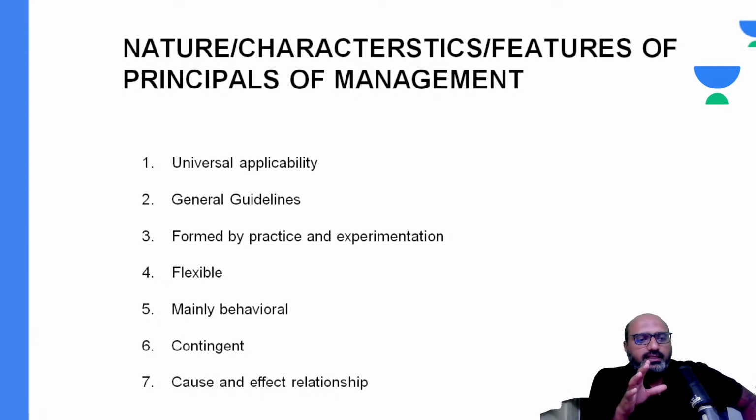Getting it? They tell us if a particular principle was applied in a particular situation, what would be its effect. The principles of management are less than perfect, since they mainly apply to human behavior, because no one is perfect in this world.